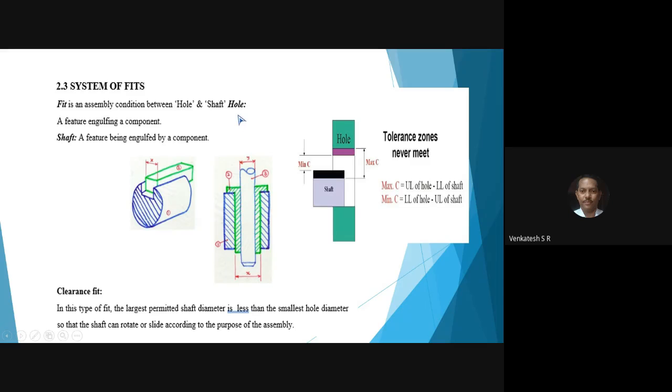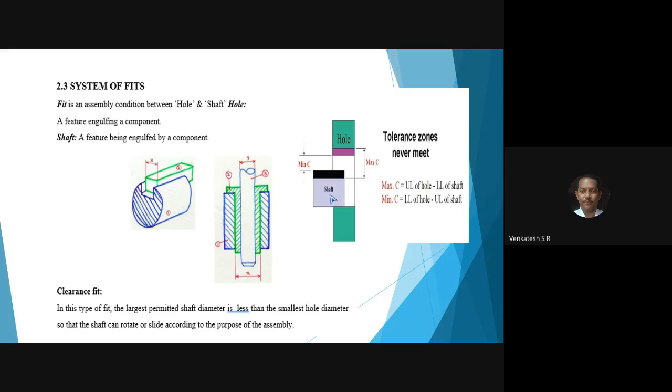The definition of hole: a feature engulfing the component. Say you have a casting, in that you have a hole. All of you observe here how to draw the diagram of the hole using engineering metrology. This is the hole and this is the shaft.